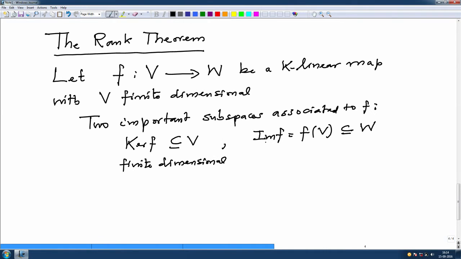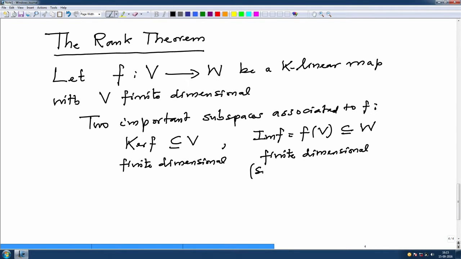And the image is generated by the image of a basis of V, and V has a finite basis because V is finite dimensional. So, the image of F is also finite dimensional, because it has a finite generating system.